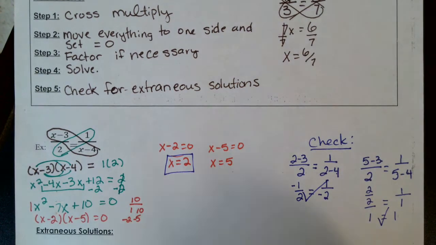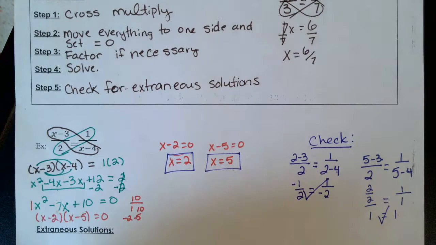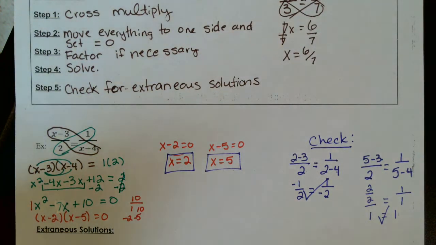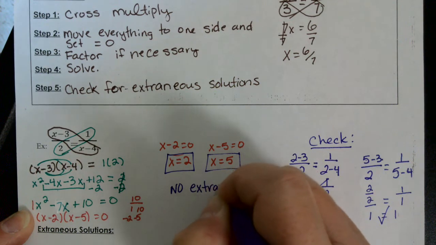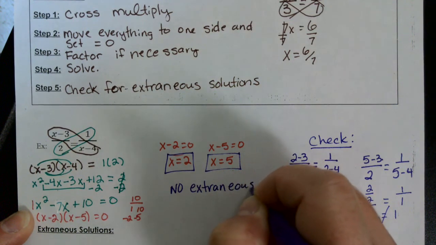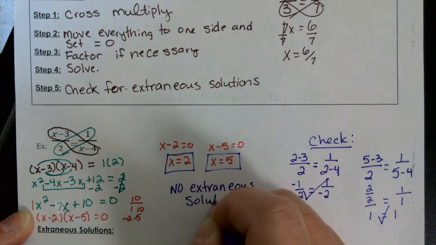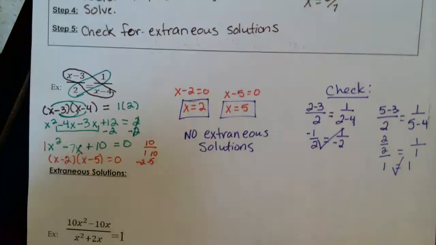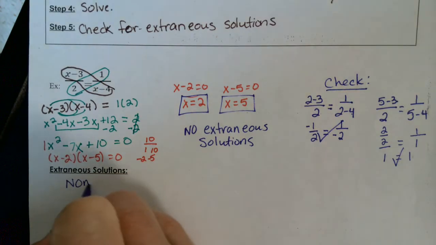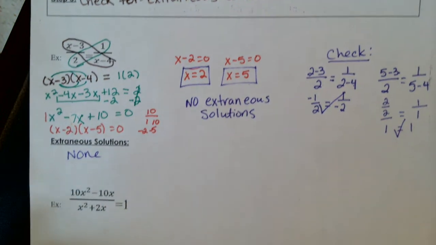So that also works. So both of these are solutions, and we have no extraneous solutions. So you will not always have them. Okay. Example number 2. Oh, I'm sorry. I should have put none here.